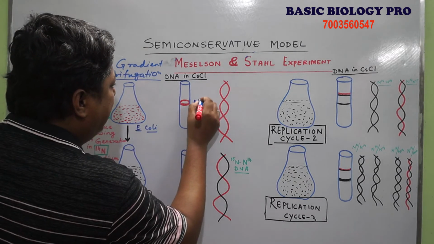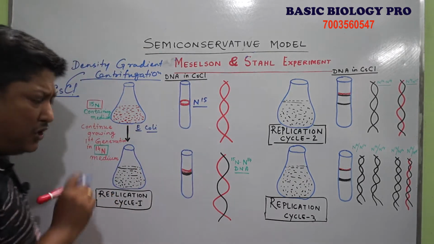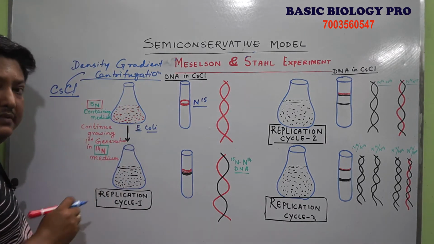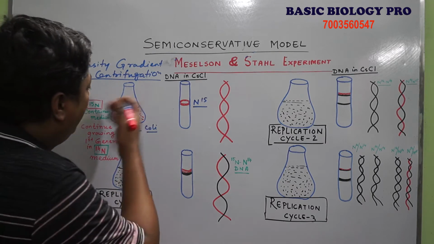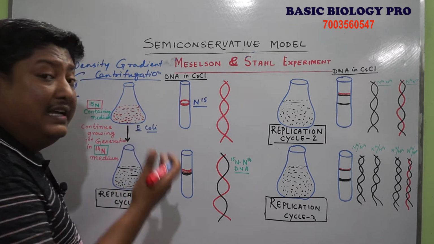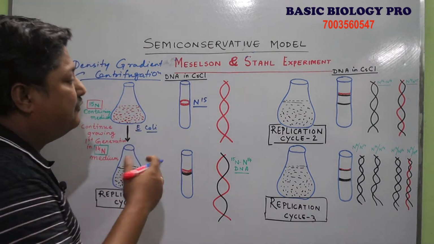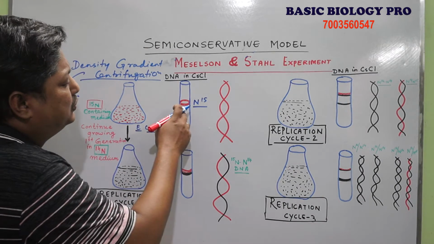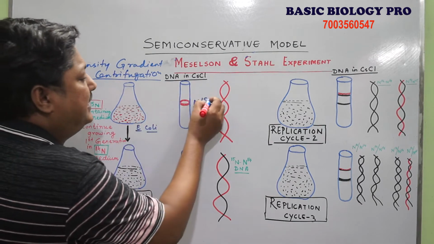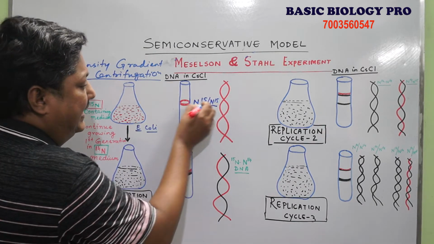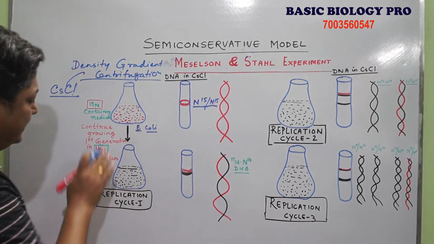This is the heavy isotope band because the content of the solution is N15. So all the bacterial content including the DNA is labeled with N15, and only the N15 band appeared, that is the pure band.